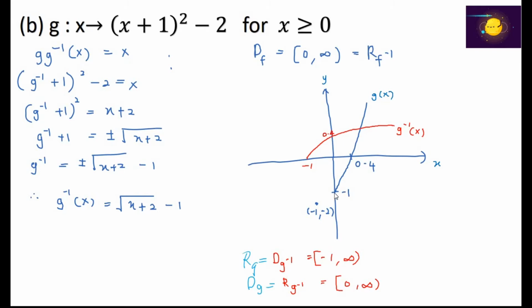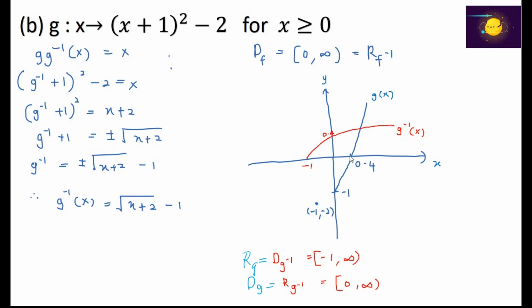So now we can sketch the graph. Point (0, -1), and here is (0.4, 0). So where do we get this one? You just substitute g(x) equal to 0, then you get this.